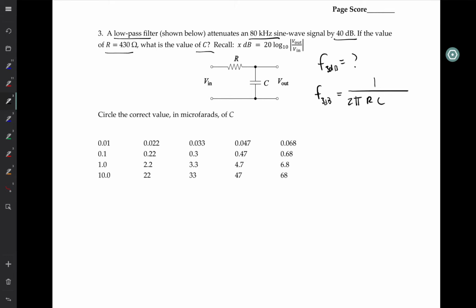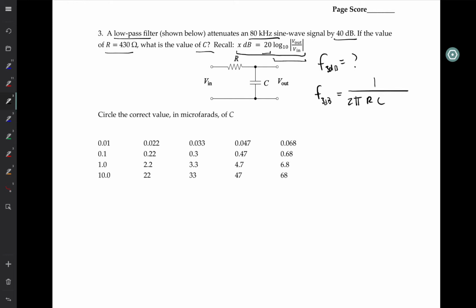Now, the easiest way to approach this problem is to remember the trick that is essentially suggested by this equation here. I know that I'm going to go 20 decibels every time the logarithm of this quantity goes by 1 or 2 or 3 and so forth. That corresponds to a change of a factor of 10, because the logarithm of V out over Vn is going to be a whole number for every factor of 10.